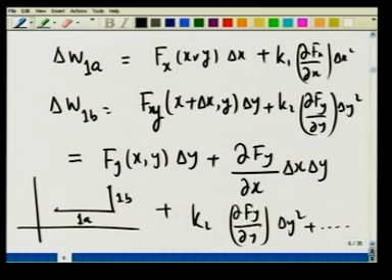I could do a similar exercise while going along path 2a and 2b.